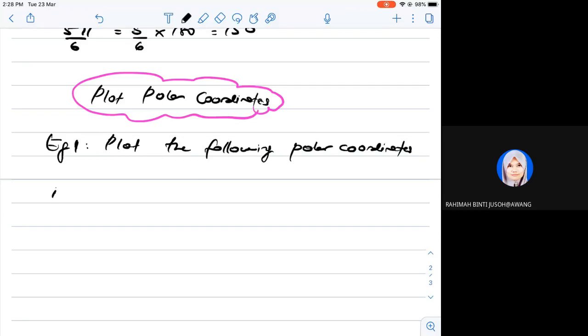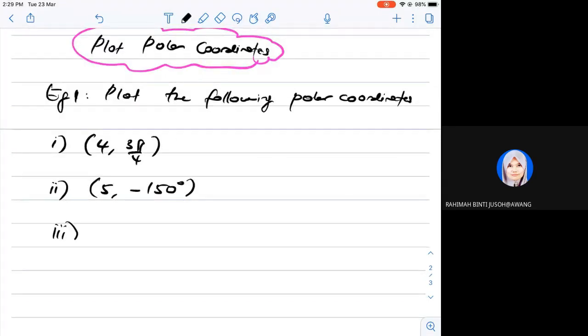Number 1, we have 4, 3 pi over 4. Number 2, we have 5, negative 150 degrees. And number 3, we have negative 3, 5 pi over 6.